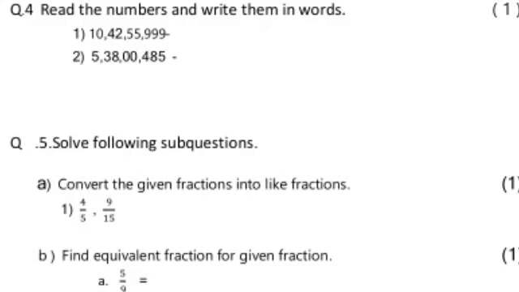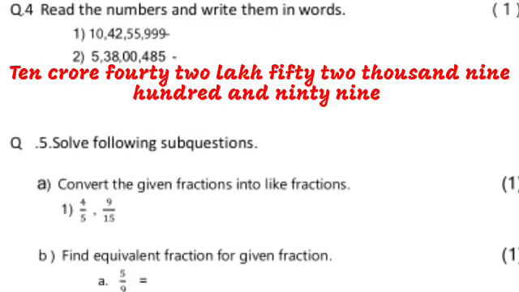Question 4. Read the numbers and write them in words. 10 crore 42 lakh 55,999. You can write it in words like this.